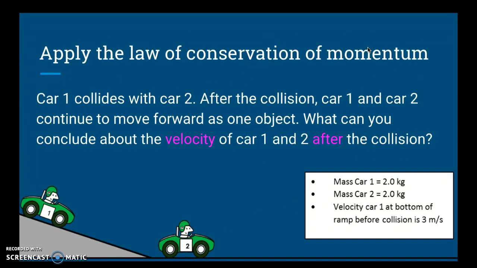Okay, apply the law of conservation of momentum to this example. Car 1 on the ramp collides with car 2 on the ground. After the collision, car 1 and car 2 continue to move forward as one object. What can you conclude about the velocity of car 1 and car 2 after the collision?